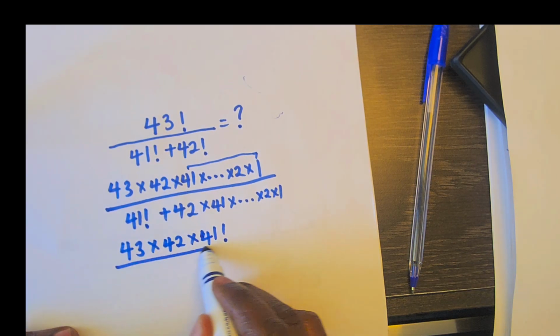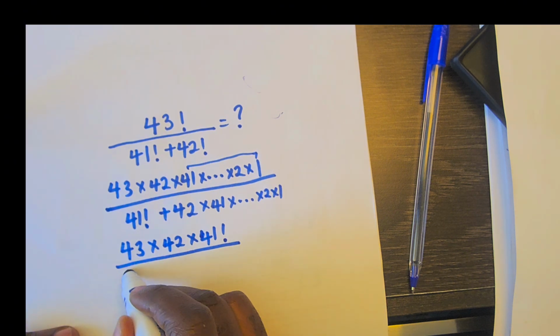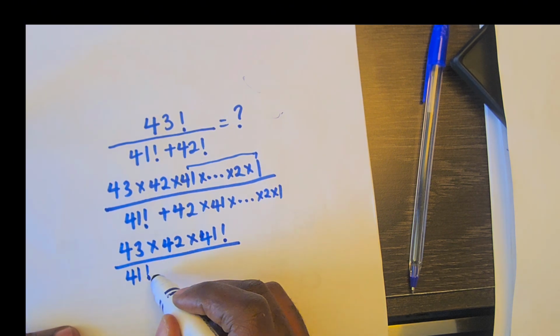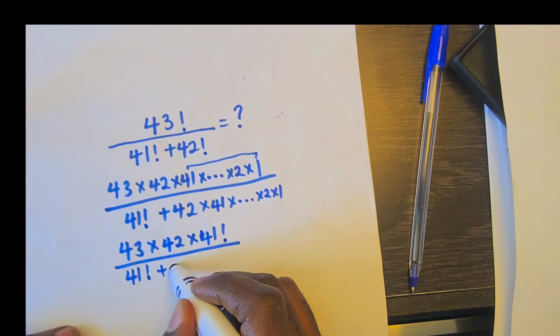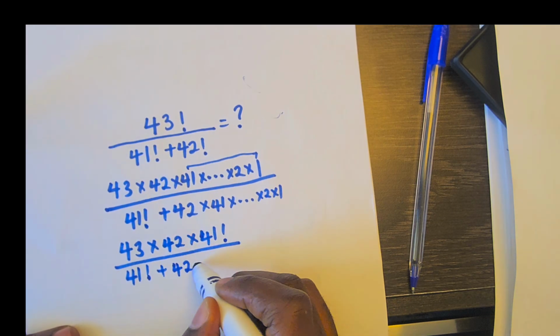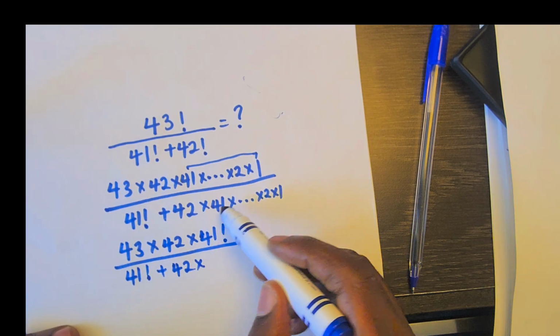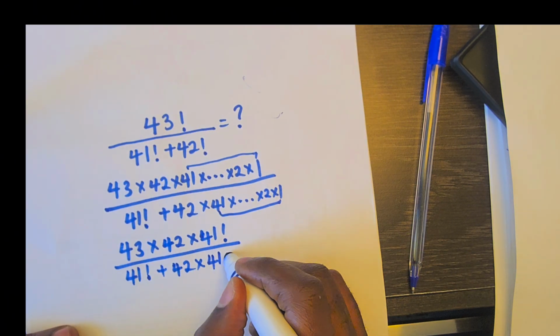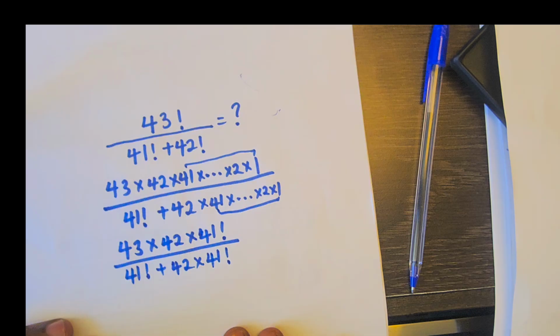Now, dividing this, we have our 41 factorial plus, here we have 42 times, from here down here is the same thing as 41 factorial.